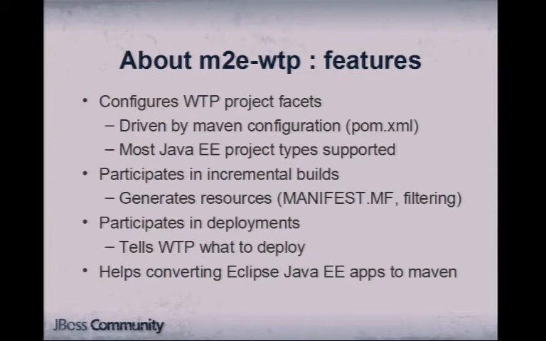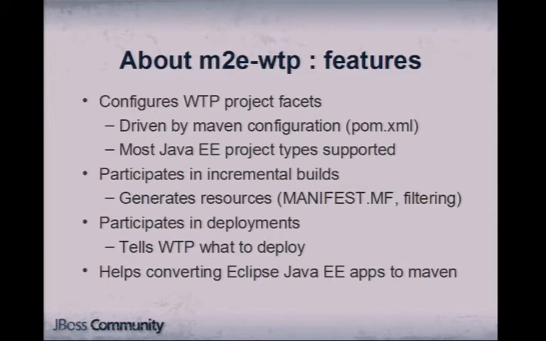Most Java EE project types are supported: dynamic web project, EJB, EAR, application client, connector, web fragment. The only thing we don't support is EJB client, which is a packaging in Maven that we have trouble supporting in M2E WTP.